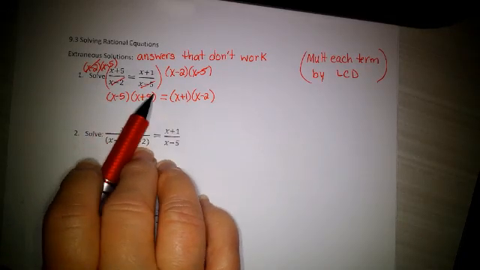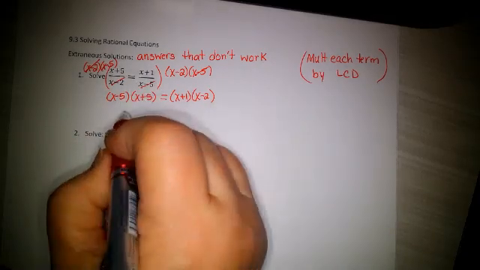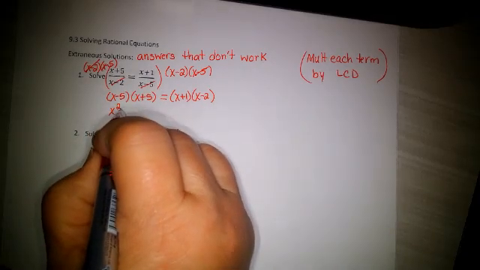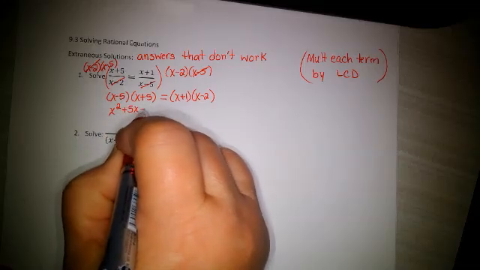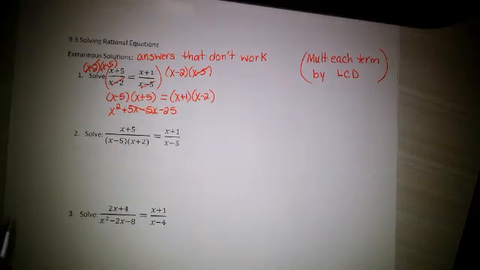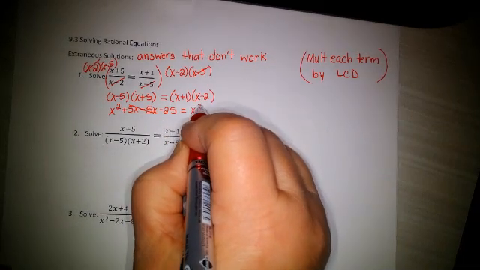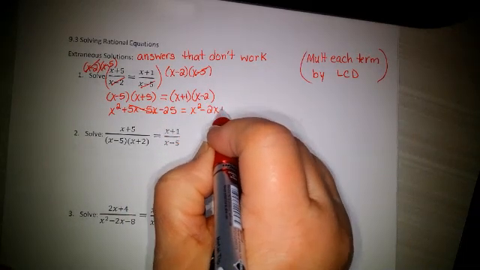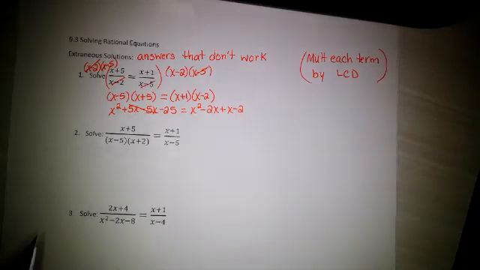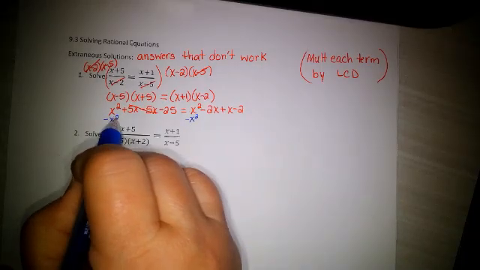We're going to multiply this out. And if you notice, this was a difference of squares. If I multiply it, I get x squared plus 5x minus 5x minus 25. There we go. On the right-hand side, I get x squared minus 2x plus 1x minus 2. And now I can start solving. If I subtract x squared from both sides, look what happens.